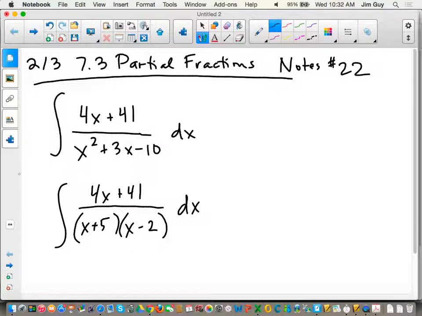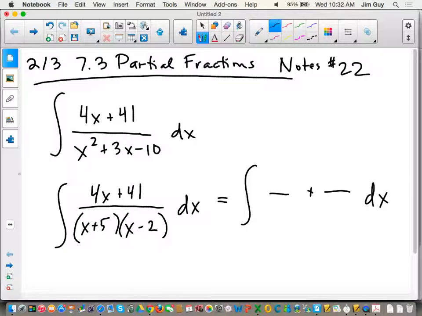Alright? Now, the next step is to rewrite this as an integral of two fractions being added together. So we're going to actually go backwards from getting a common denominator. We're going to break it apart. That's why we call it partial fractions. But we want it to be equivalent.